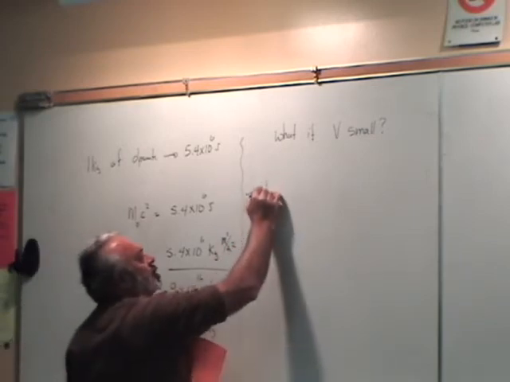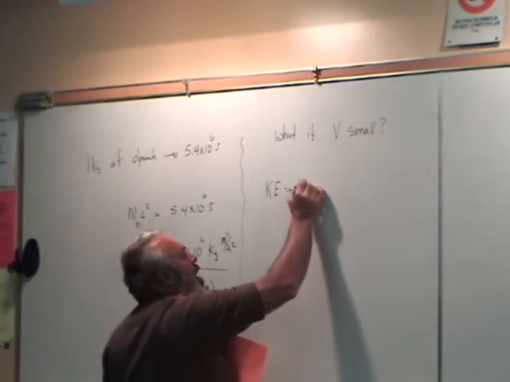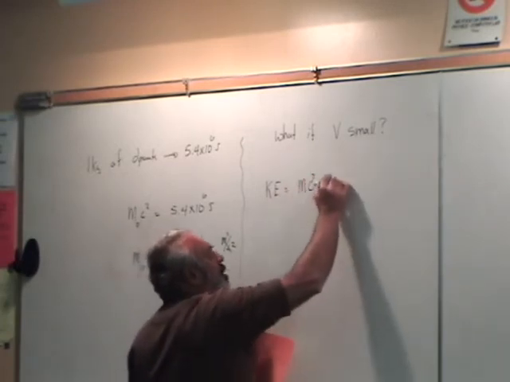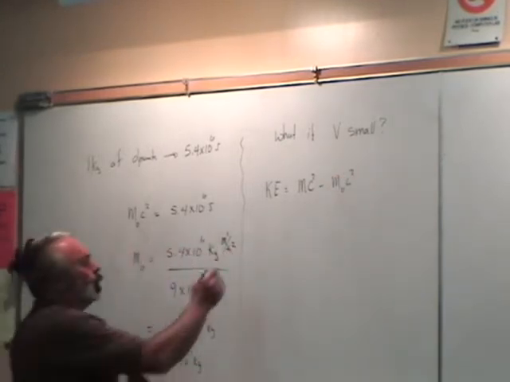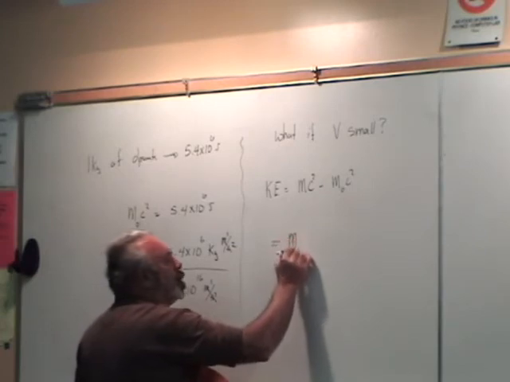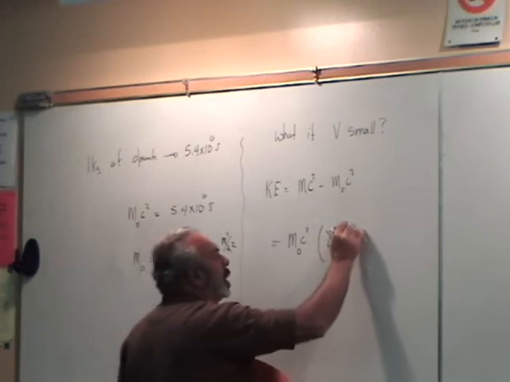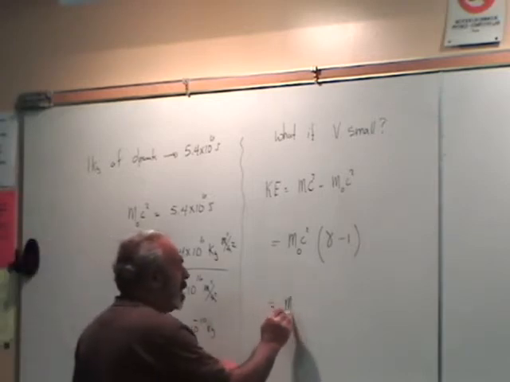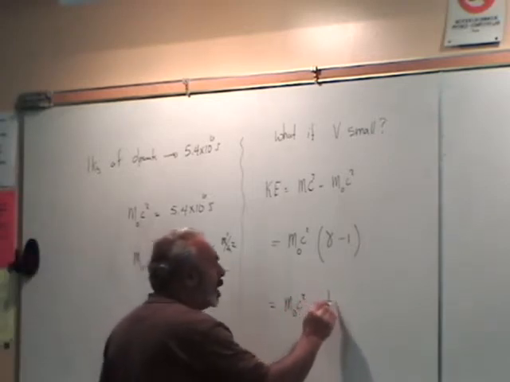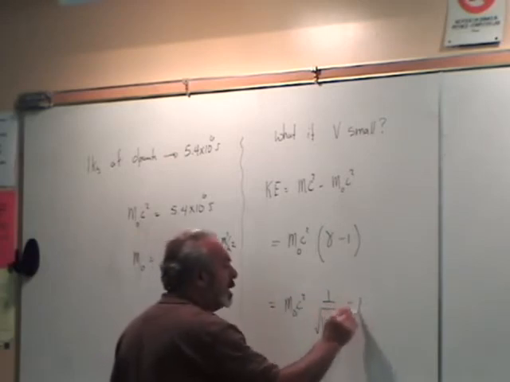You already know that kinetic energy, relativistically speaking, is total energy, mc squared, minus rest energy, m naught c squared. Which, of course, could be written as m naught c squared times gamma minus 1. Let's fill in for gamma a little bit at least: m naught c squared times 1 over the square root of 1 minus beta squared, minus 1.